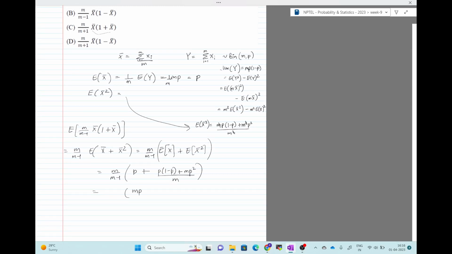We get mp plus mp square plus p minus p square, and this m and m will get cancelled. We have p plus p square, p minus p square.